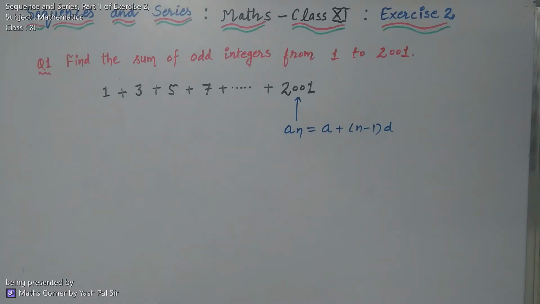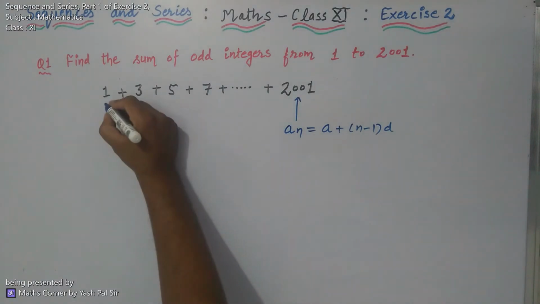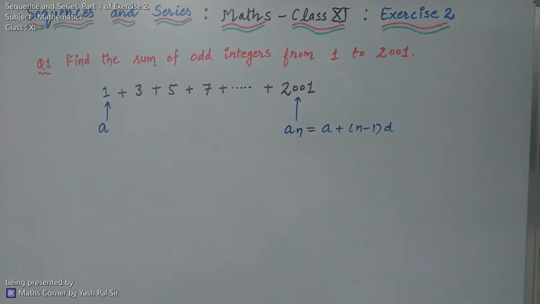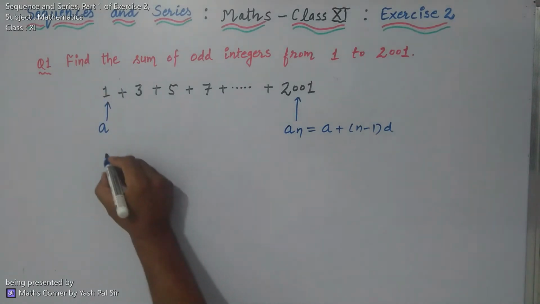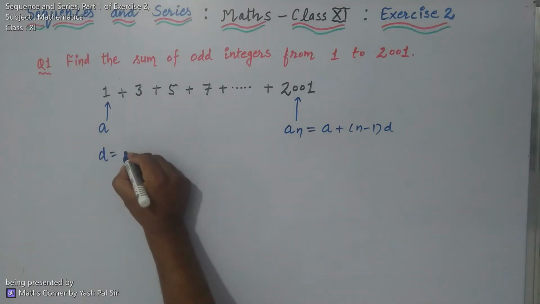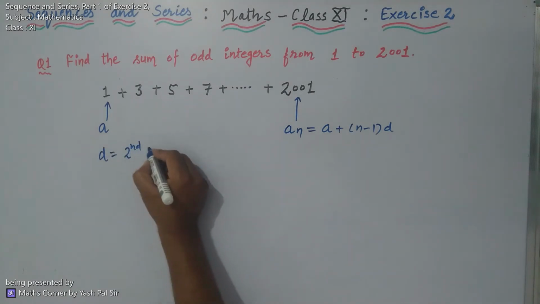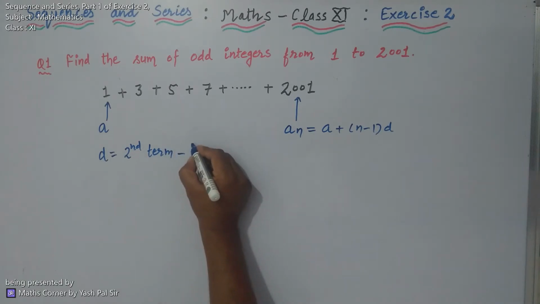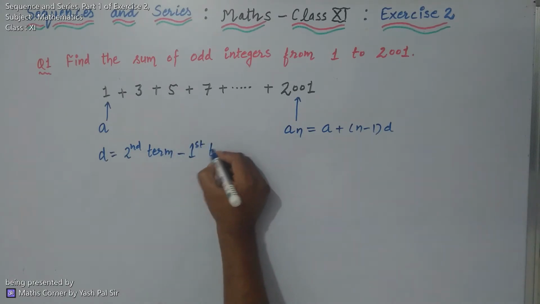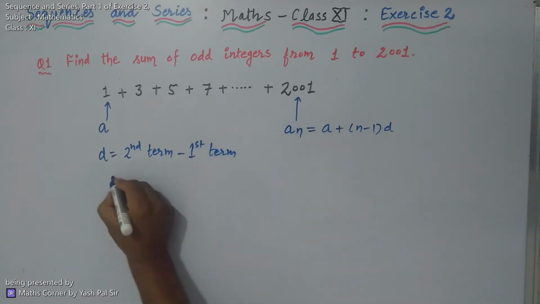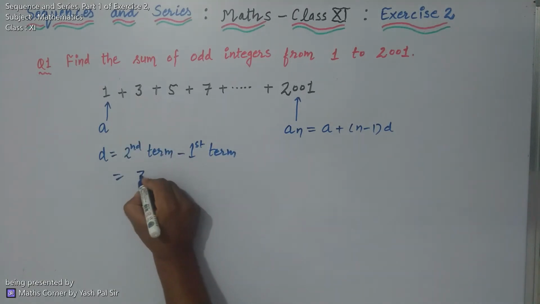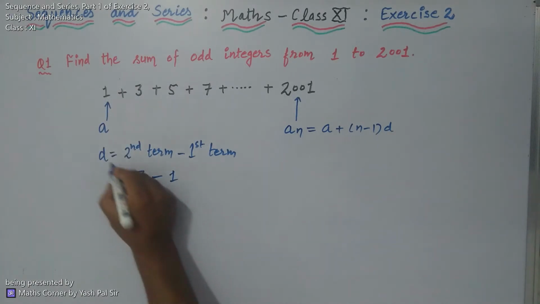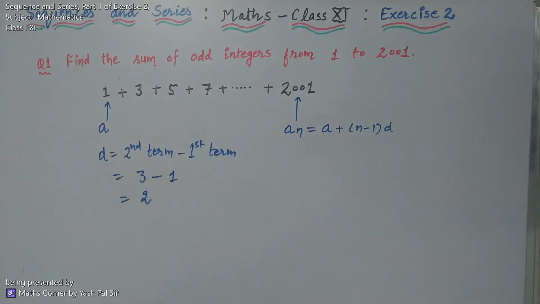Now what is a? Here this is the first term a, the value of a is 1. And what is d? D is equal to the second term minus the first term. Here the second term is 3 minus the first term 1. So the value of d is 2.